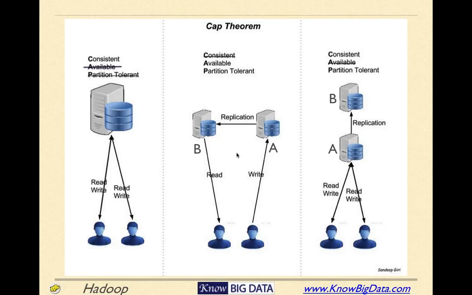Let's have a look at it. What are the various designs possible? And when we think about these designs, we'll be able to think about the databases with what we have seen so far. All right, in case of a single machine, you have a nice single machine which is used by all the users. For reading or writing, everybody uses the same machine.